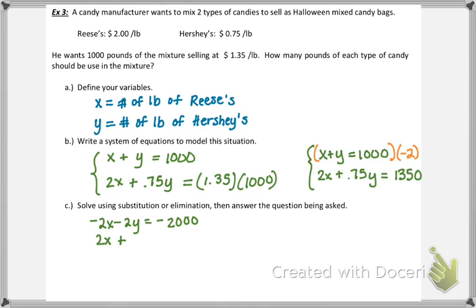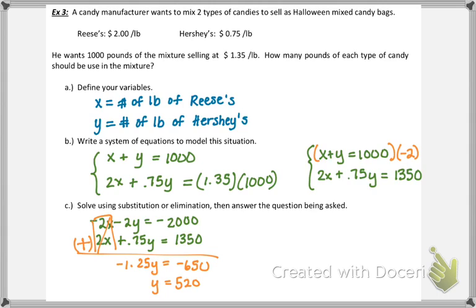And then the second equation stays the same. Sorry guys, doing this really late at night. Go ahead and add, and these cancel out. All right, so that's better. So that's negative 1.25y equals negative 650, and y equals, when I divide, I got 520.